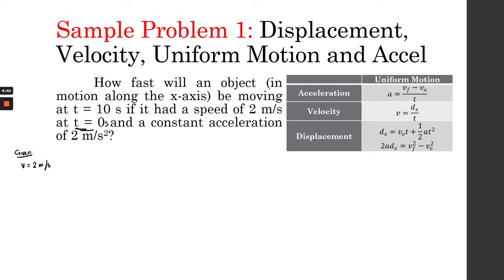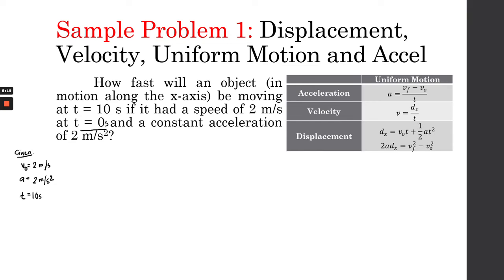What that means is that at the beginning of time in this problem, its speed is 2 meters per second. You can think of that as the initial velocity of the object. So the initial velocity is 2 meters per second at t equals 0 seconds. It is also given that the acceleration of the object is 2 meters per second squared. We were also given a time of 10 seconds.